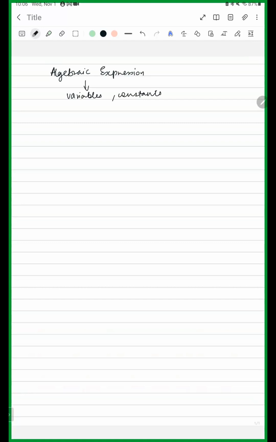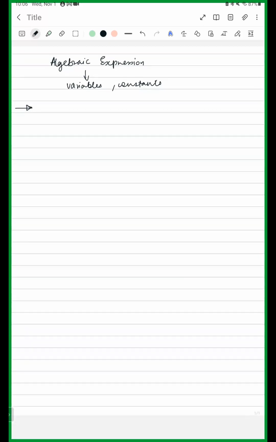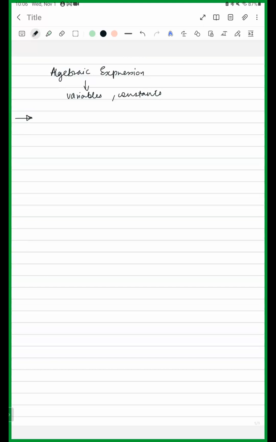So we also studied in the previous class, meaning in your 7th grade, what the coefficients are, what the different terms are, right? Remember all that? Yeah. So now we are going to study how to add different algebraic expressions.